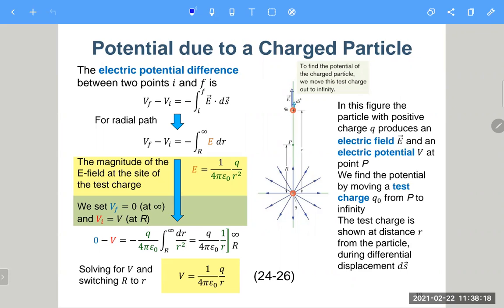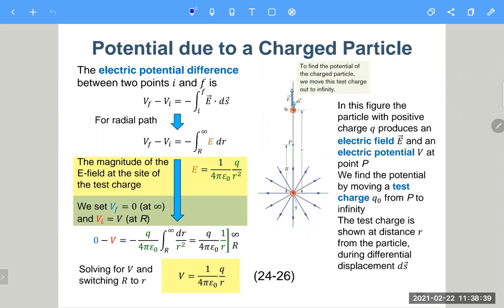Okay, so next we talk about the potential due to a charged particle. It is similar to the E field due to a charged particle, but now we talk about the electric potential due to a charged particle.